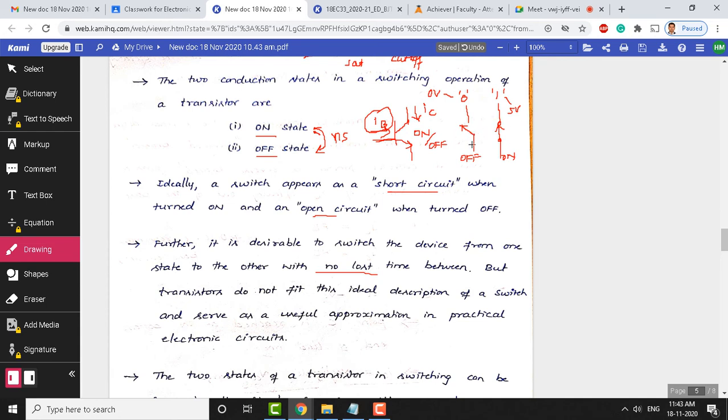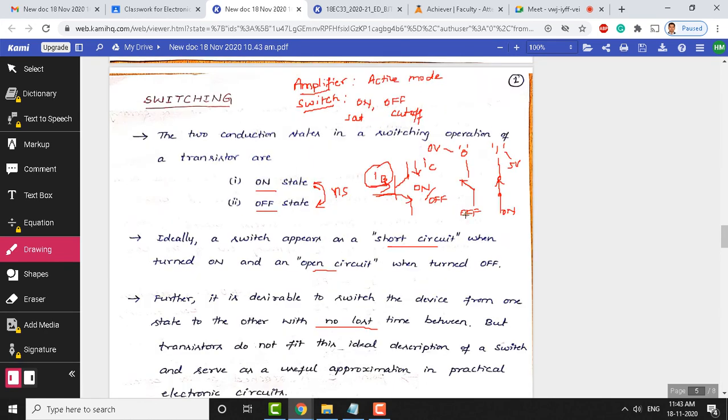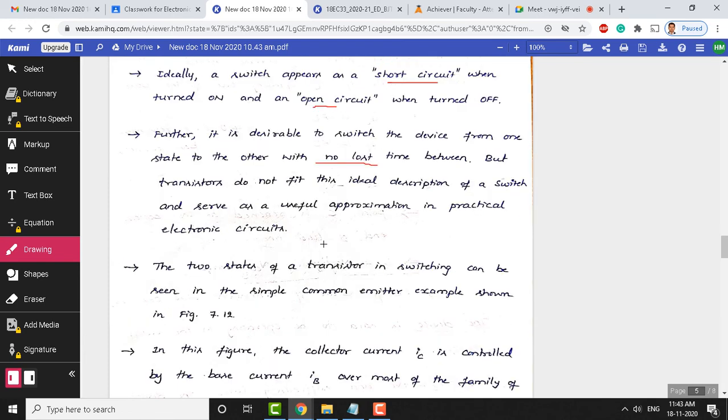What factors are affecting this transition? We will discuss that in this topic. Transistors do not fit this ideal description of a switch, but it serves as a useful approximation in practical electronic circuits. That means they have some time limits between these two transitions. We will see that in detail in this section.